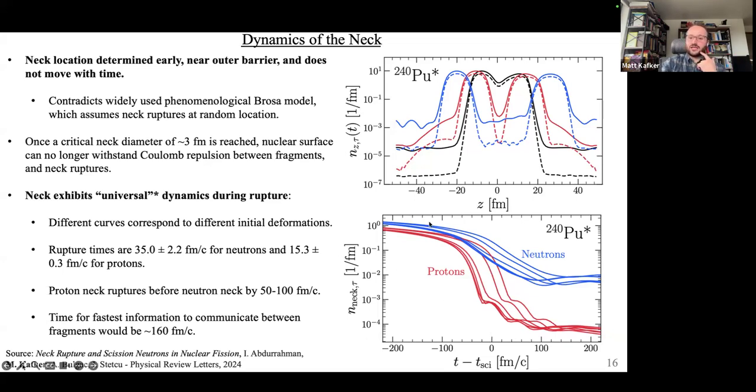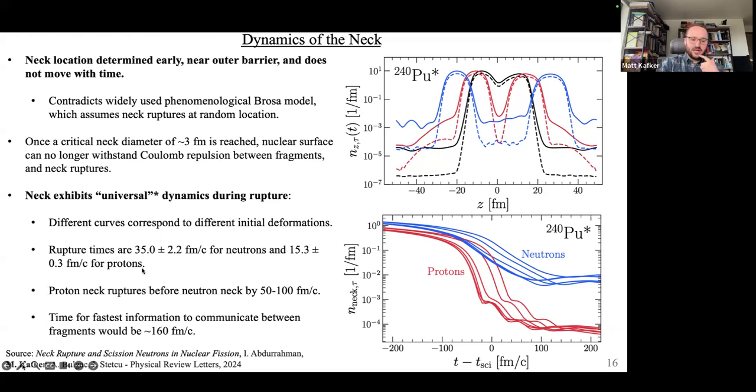And then on the vertical axis, it's basically taking this midpoint of these curves here, where we know the neck is going to form, and just plotting this midpoint as a function of time. Right around the moment of scission, it's clear that there's a conserved character to these dynamics. You see this is a log scale on this axis and a linear scale on this axis. So this is an exponential decay, and we can assign a decay time scale to this process.